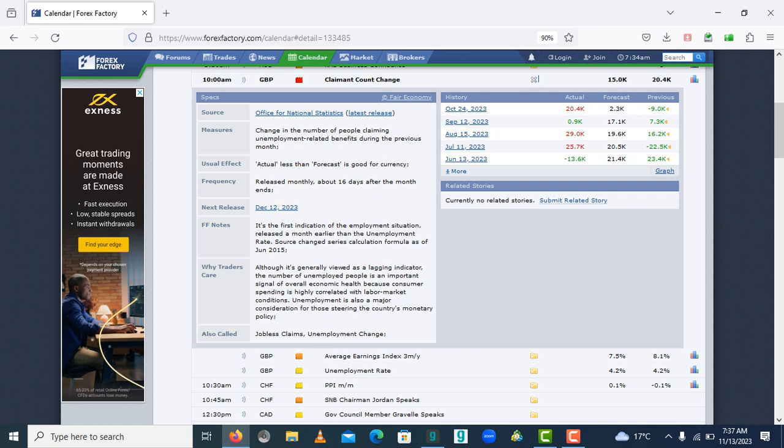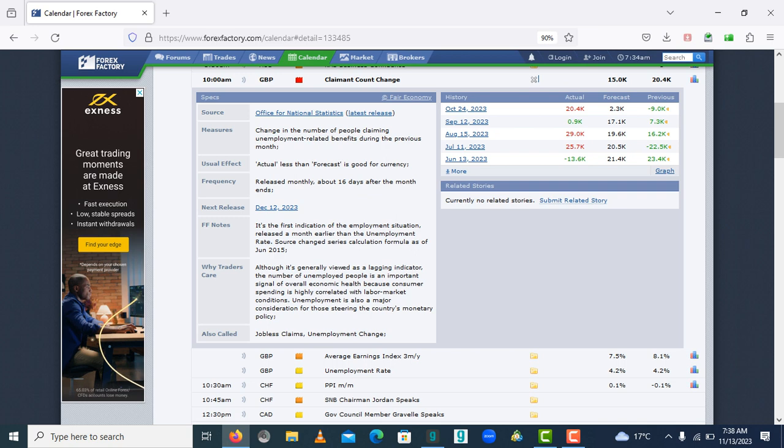This previous is what was given in the previous release. For instance, if it is MOM, that is month over month, this one in news was given last month. What they expected for this month is written here, and when now the news is released, you will find it at this point. How will the change affect the currency?